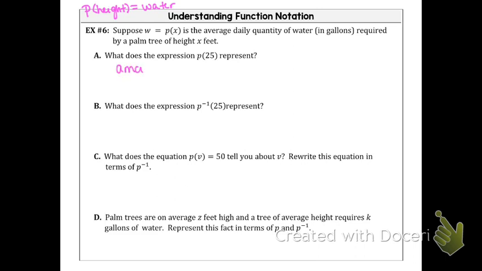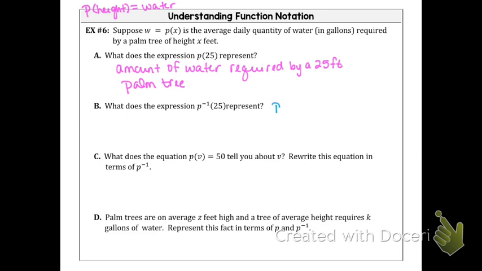So amount of water required by a 25-foot palm tree. What does the expression inverse P of 25 represent?